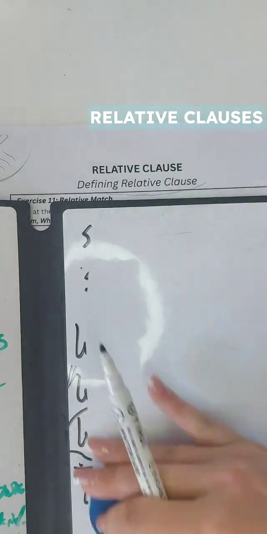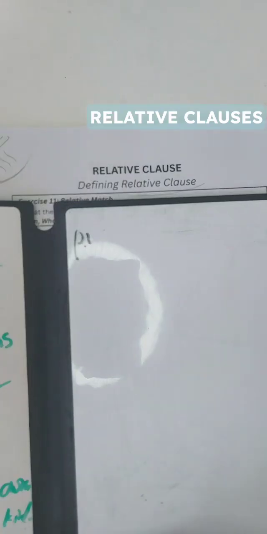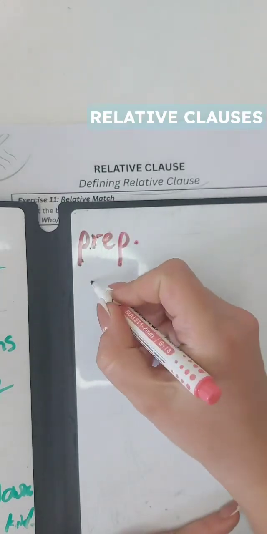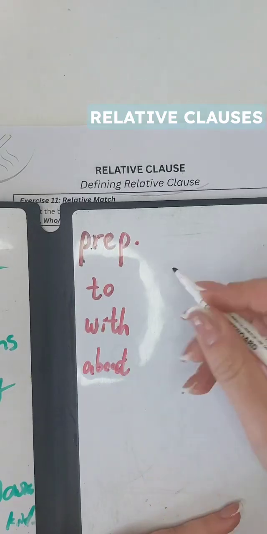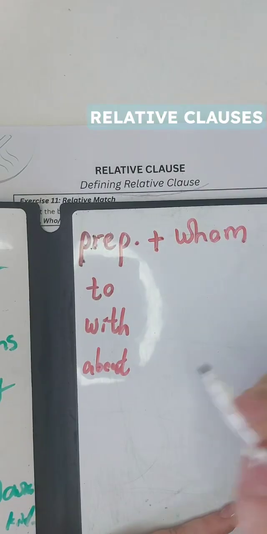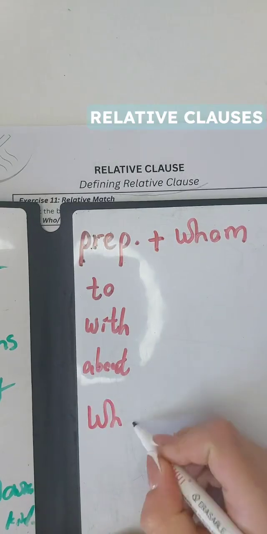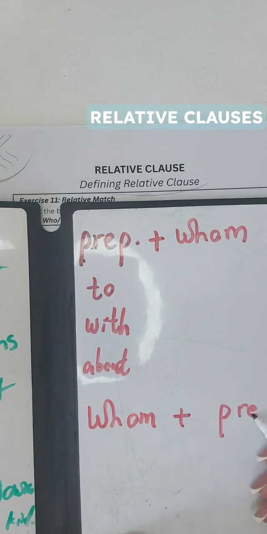Again, guys. Preposition, such as to, with, about, etc. Then comes whom, or we can use whom first, and at the end comes the preposition. Okay, then.